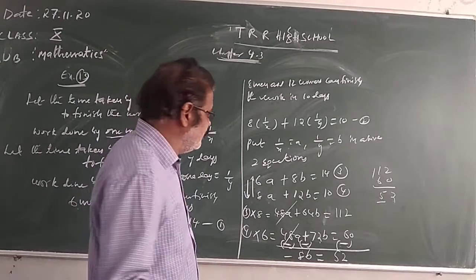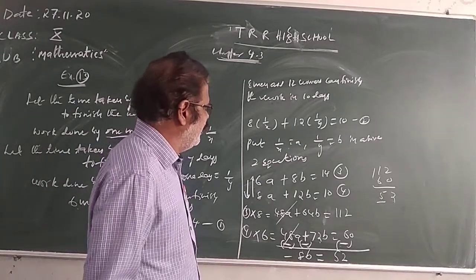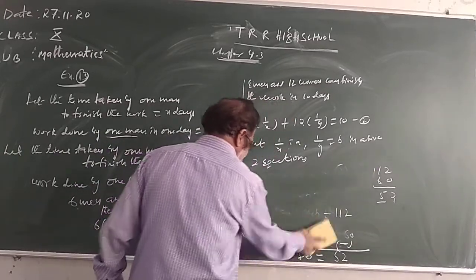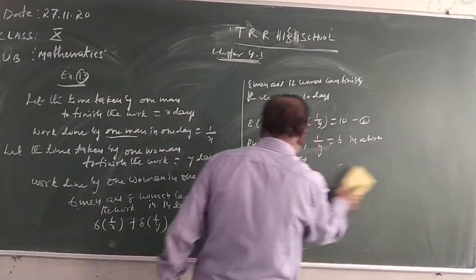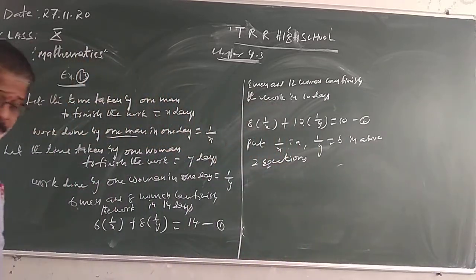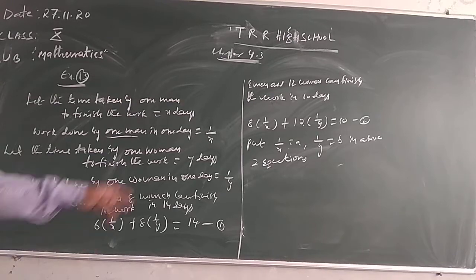Otherwise, children, there is one small error here. Put 1 by x equal to a, 1 by y equal to b.